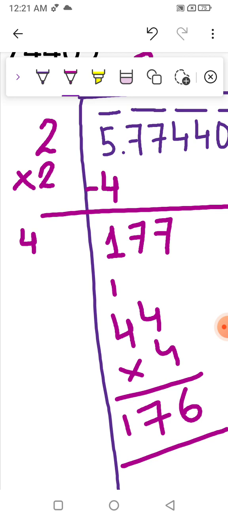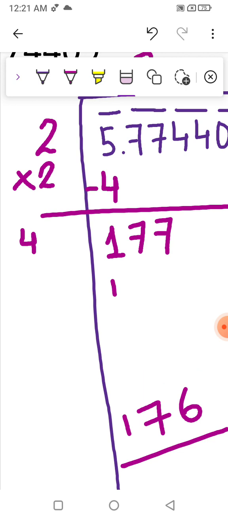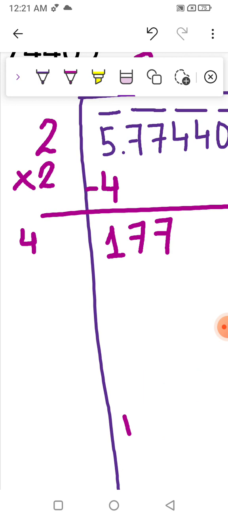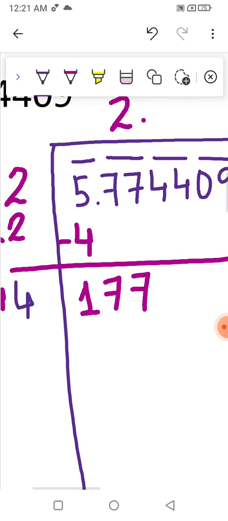So we have got the number. It is 176. Now it is 44 into 4 is 176. So what we have to do is write a 4 here and another 4 here and the resulting number over here. Subtract it.